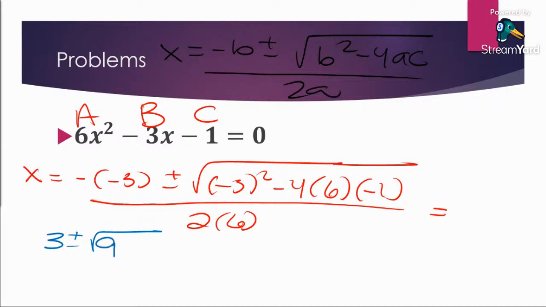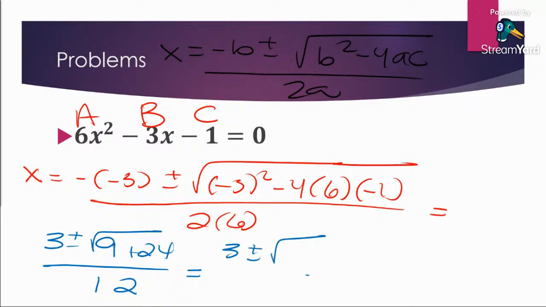Negative 4 times 6 times negative 1 gives us a positive 24. All of that is divided by 12. Double check. Yep. The next thing to tackle is 9 plus 24, which gives us 33. Since we don't know what the square root of 33 is, we stop here.